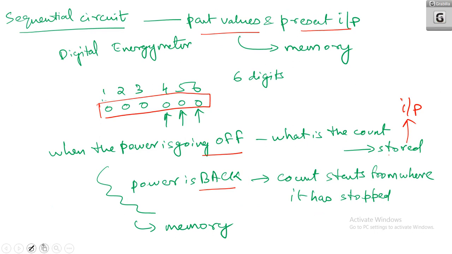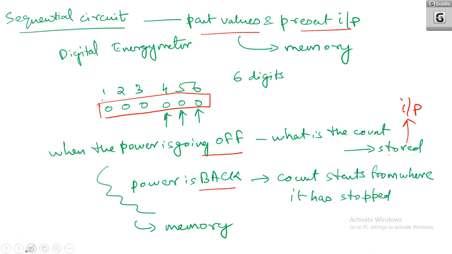A classic example of a sequential circuit is your energy meter, in which the values are getting stored. When the power goes off, the corresponding value is stored, and when the power comes back, it will start from the point where you stopped. That means it has some memory.